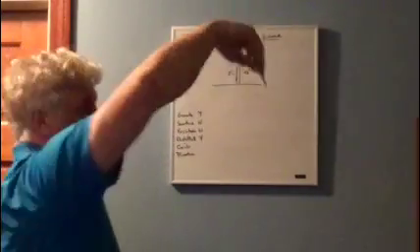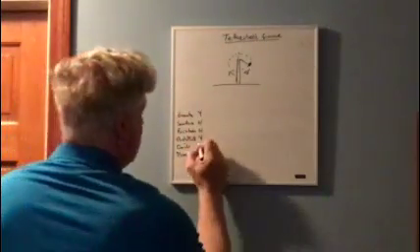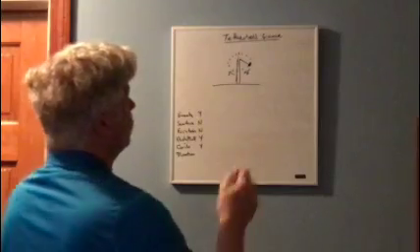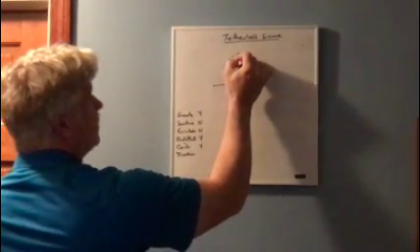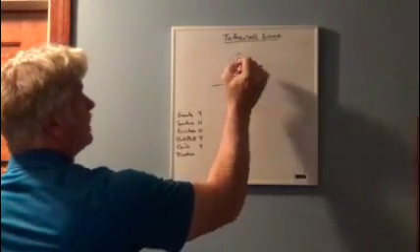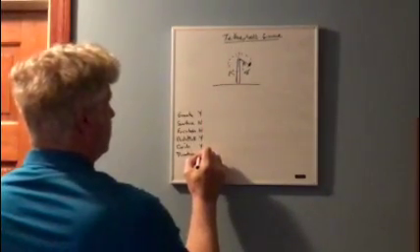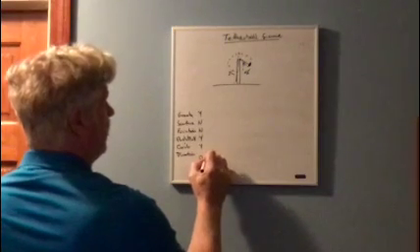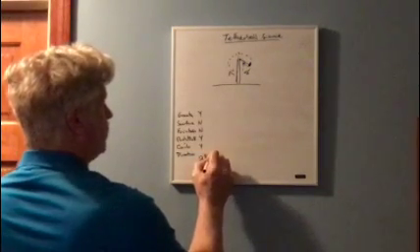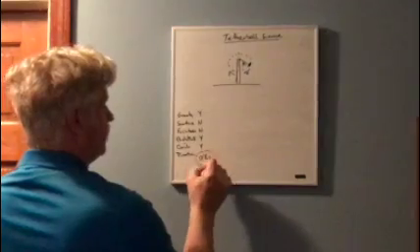It's going around the post this way. So yes, it's going in a circle. And which way is the circle? Well, the circle is in this way here. So our acceleration's going that way. So acceleration in this direction is going to be positive.